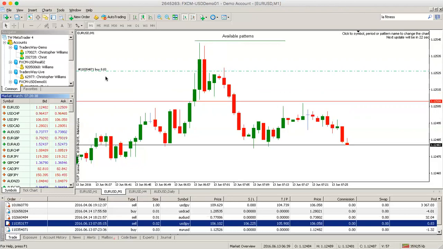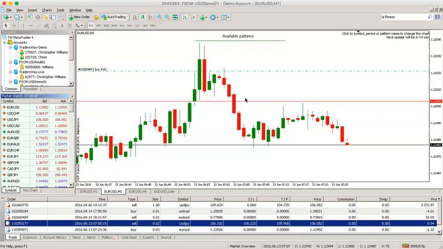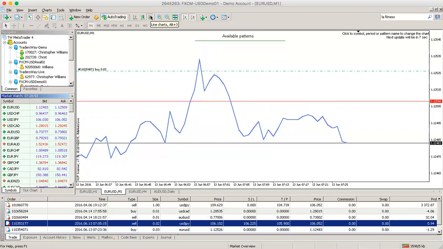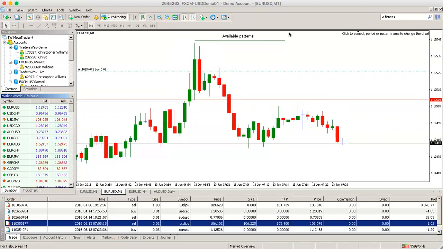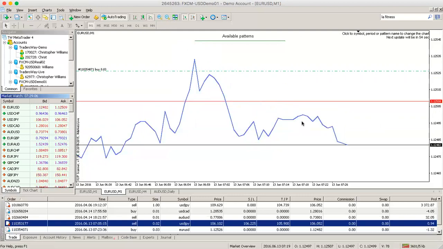Also, if you're doing auto trading, make sure you click that button there. Make sure you do that. And I'm a big fan of the candlesticks, but they have the lines and they have the bars. So whatever you feel more comfortable with. Personally, I like the candlesticks. It'll let me know what the next move is going to be. The line chart's okay too.